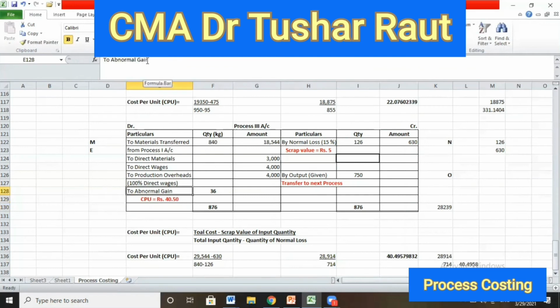But for calculating, this 36 should be multiplied with 40.4957, and this will be your calculation. 1458 converted amount, because after 0.5 we are adding it up. So this will be your total, that is 31,002.